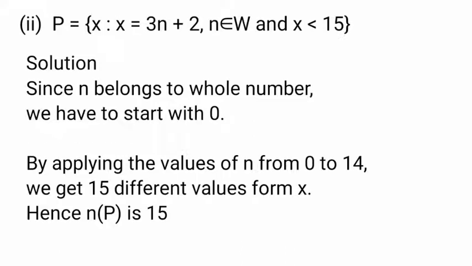Second one, set P equals the set of x such that x equals 3n plus 2, n belongs to W and x less than 15. Here n is a whole number, and x less than 15.